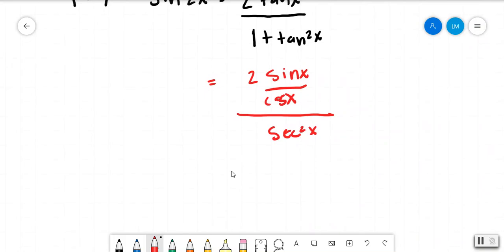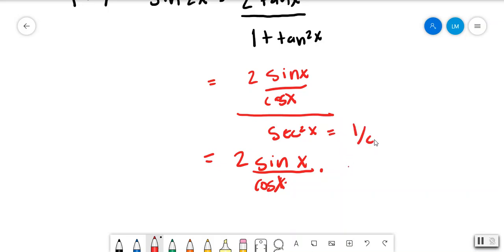But I need to go further and say that this is 2 sine of x divided by, well, really cosine of x, right? But what we can do here is multiply by, notice that secant squared is the same thing as 1 over cosine squared x. So that's really cosine squared x all over 1.